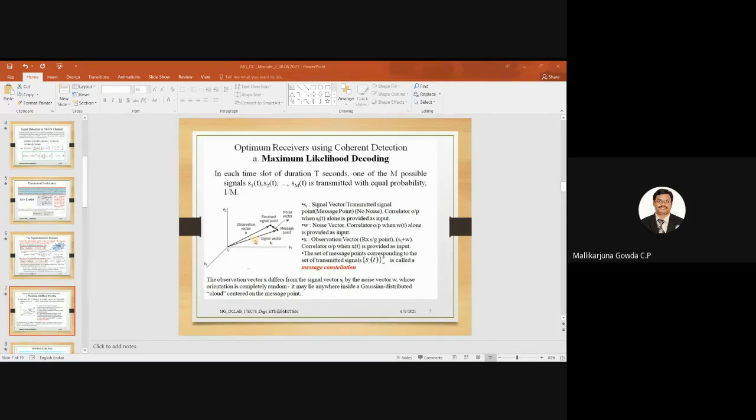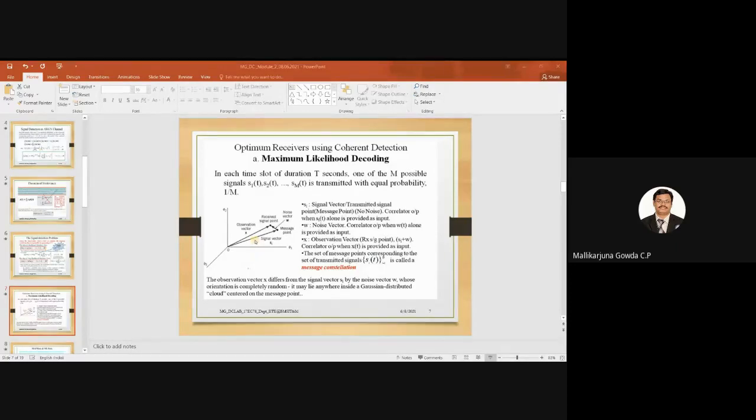The correlator output when s_i(t) alone is provided as input. Hope you are able to see this message point. I took phi 1, phi 2, phi 3, and in this space I am representing the message point. I call that a signal vector. This is the transmitted signal point with no noise.